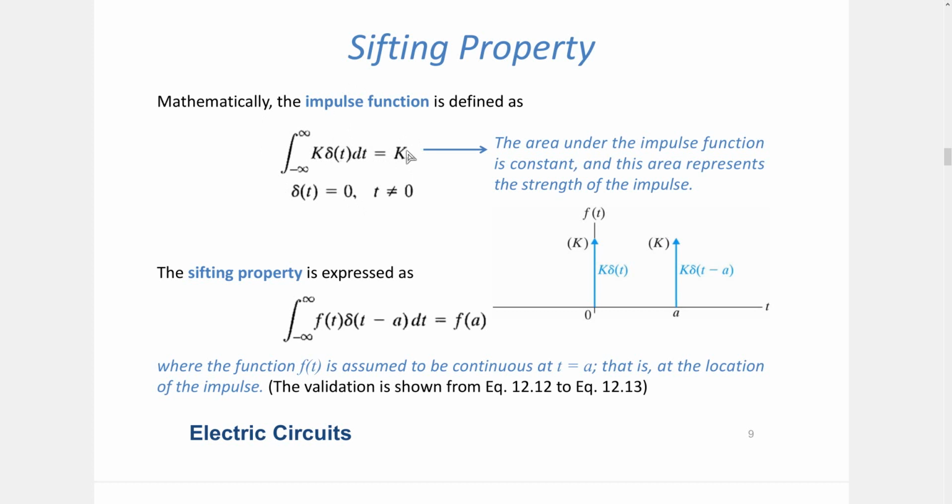So we can represent this by k times the delta function, delta t, as you can see. And we can also shift it in time if we simply make a substitution in t. If we substitute t minus a, the impulse function will be shifted in time.